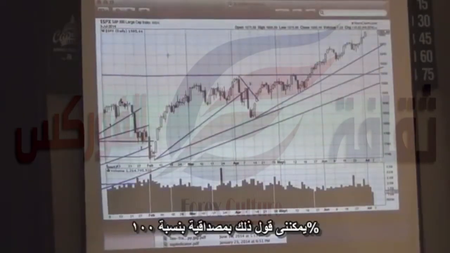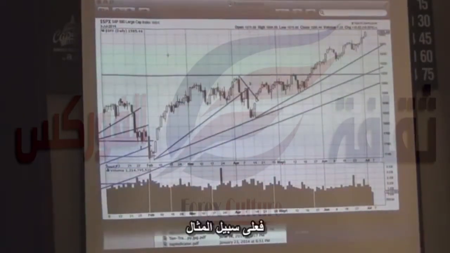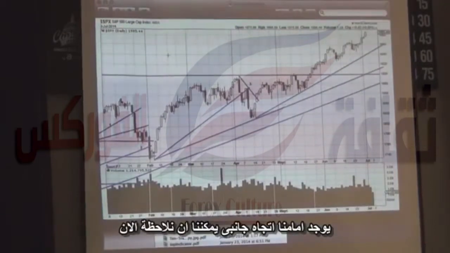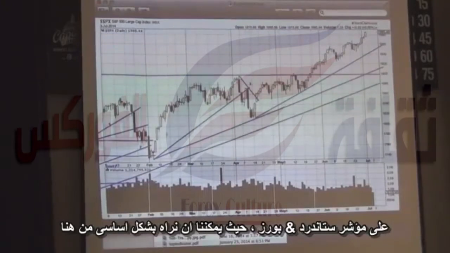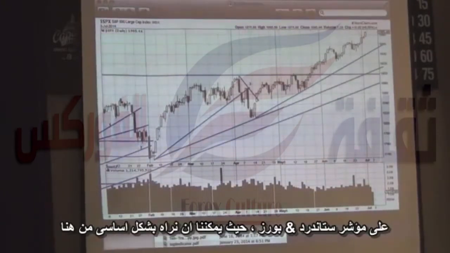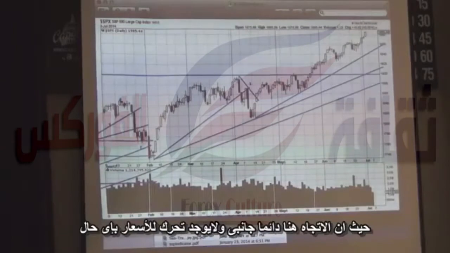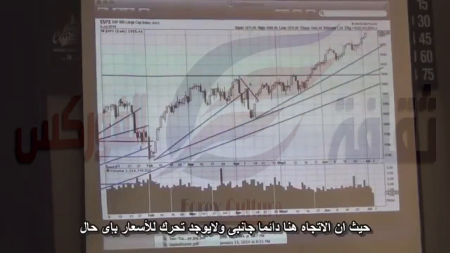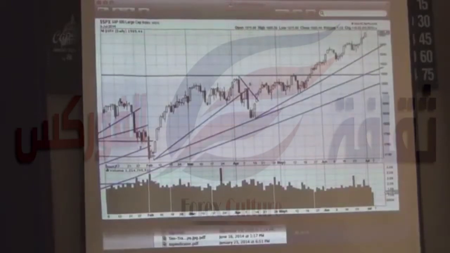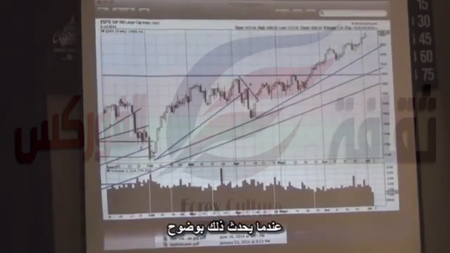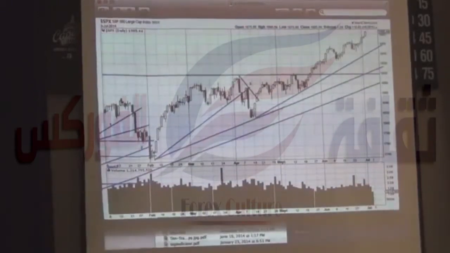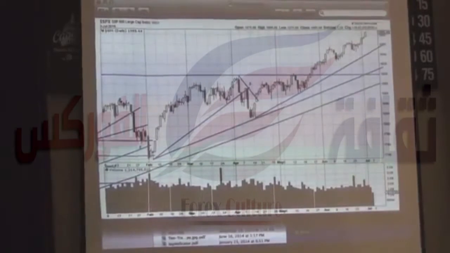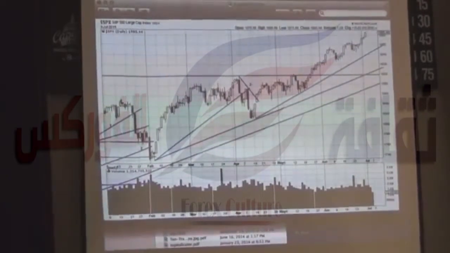For example, here's a sideways trend that we just saw in the S&P, where from basically here to here, you have sideways movement, almost no movement in price whatsoever. Now, when this occurs, obviously, you could sell straddles. You could buy straddles.